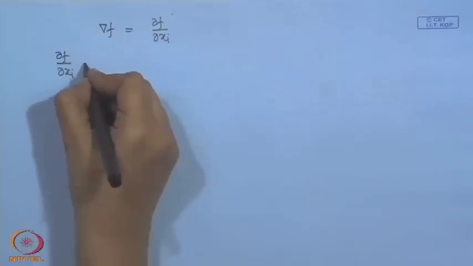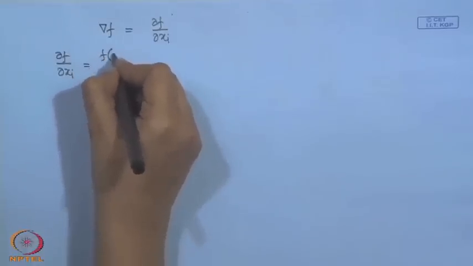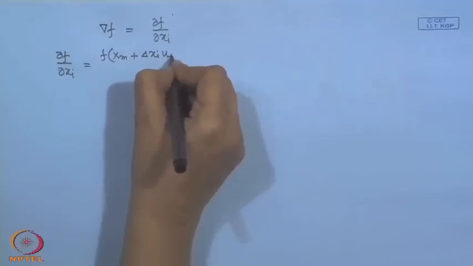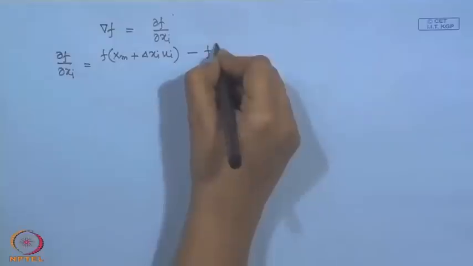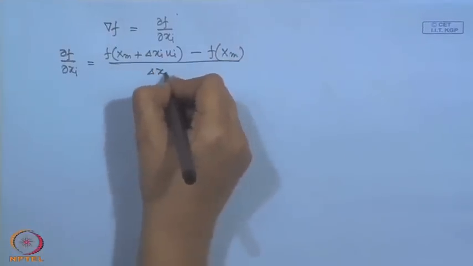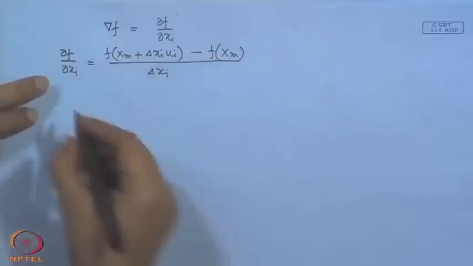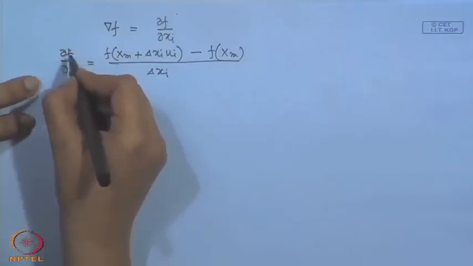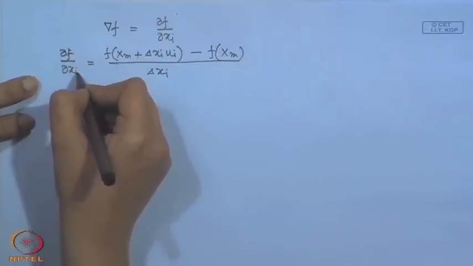How do we do it? We consider f of x m plus delta x i u i, minus f of x m, divided by delta x i. And what is the meaning of it? We are considering the partial derivative of the function with respect to x i.